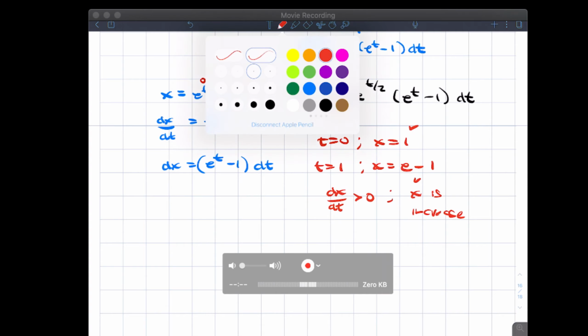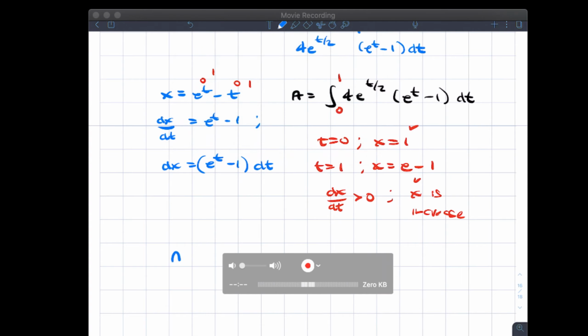So, I looked at this question here from the prior example, and I said, I kind of like that. Maybe it'll work out. I don't know. Let's distribute. We get 4e^(3/2 t) minus 4e^(t/2), and then that'll be a dt.